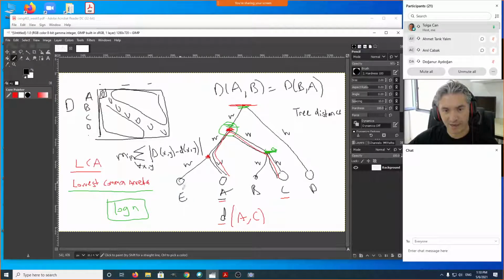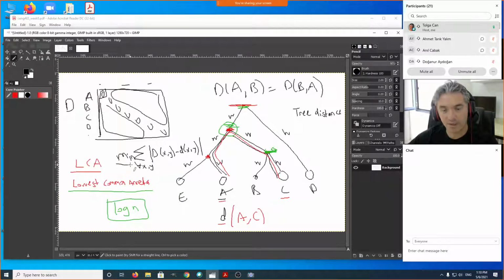For all x, y, so for all possible pairs of species in your tree, find the tree distance, this lowercase d of x, y, and compare it to the distance that was given to you as input in the distance matrix, the capital D. Look at the difference between them, take its absolute value, the absolute difference between these two objects, and sum this over all possible pairs.